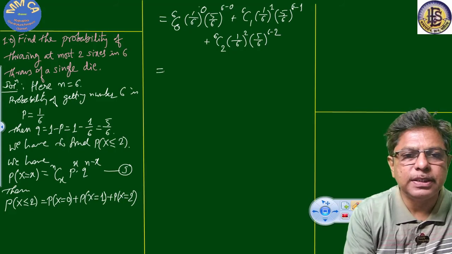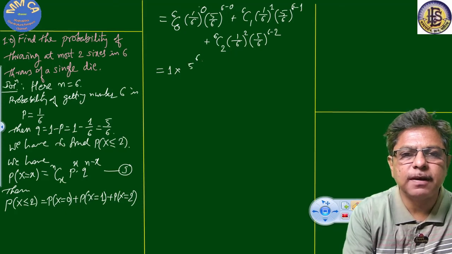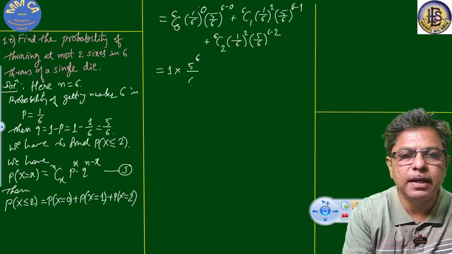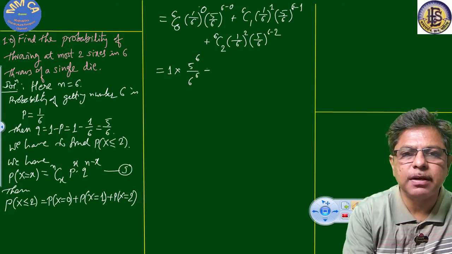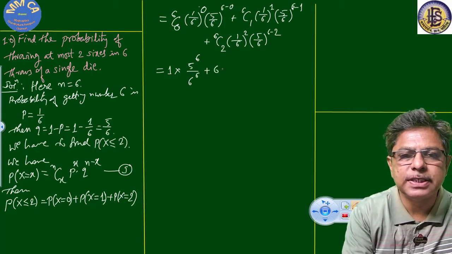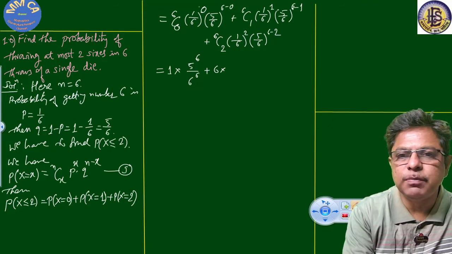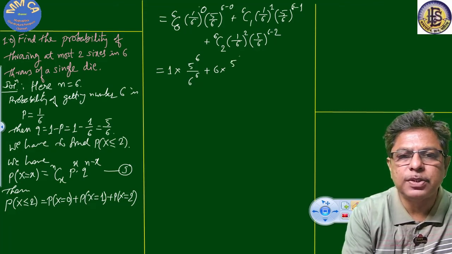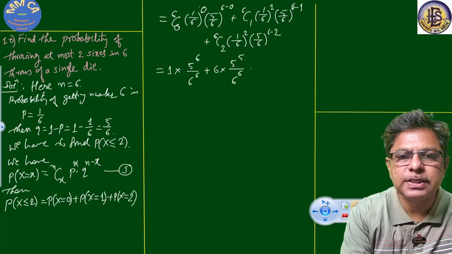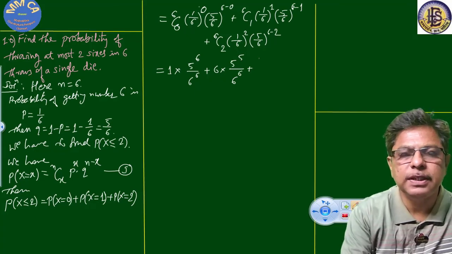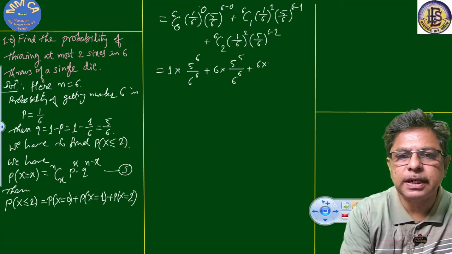And you can simplify. 6C0 is 1 into 5 raised to 6 numerator divided by 6 raised to 6 is the denominator, plus 6C1 is 6 into, see the numerator, 1 raised to 1 is 1 into 5 raised to 5, divided by 6 raised to 6, plus here it is 6 into 5 divided by 2 into 1.